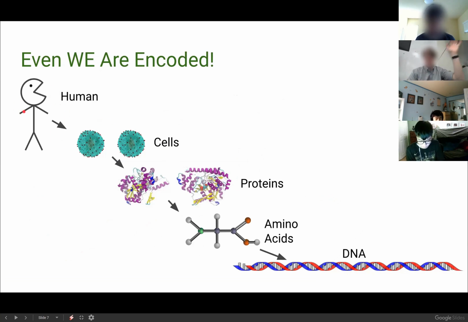At a very high level, we are humans, and then we can go down to the cell level. Cells are built of proteins, which are constructed out of amino acids, and we know how to put the amino acids in the right order to make the proteins by the code in our DNA. So DNA itself is code for building human beings.